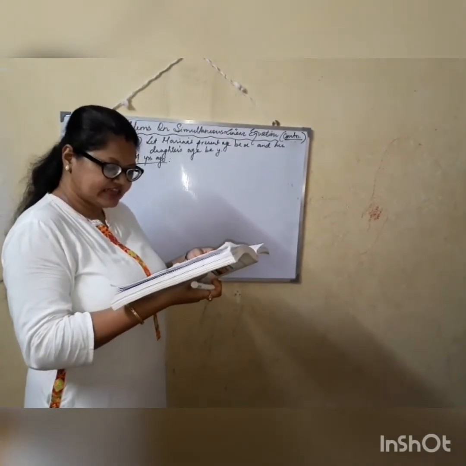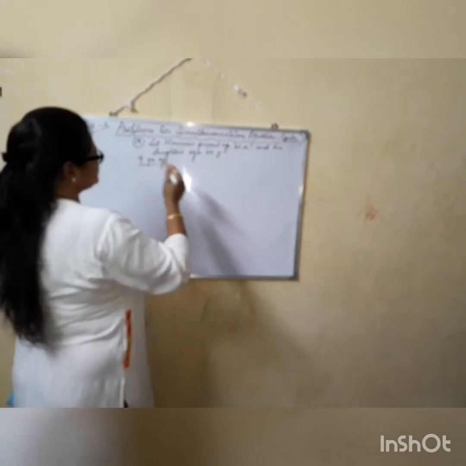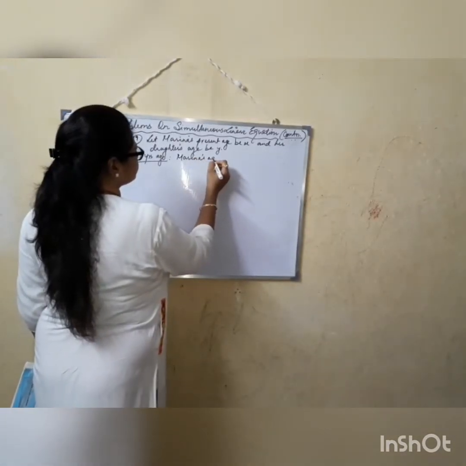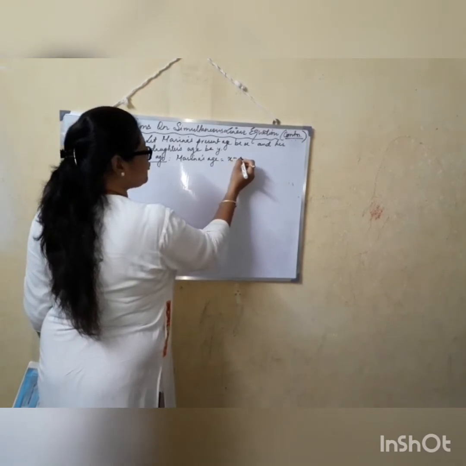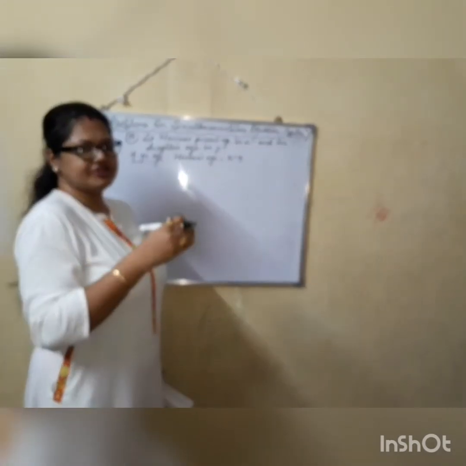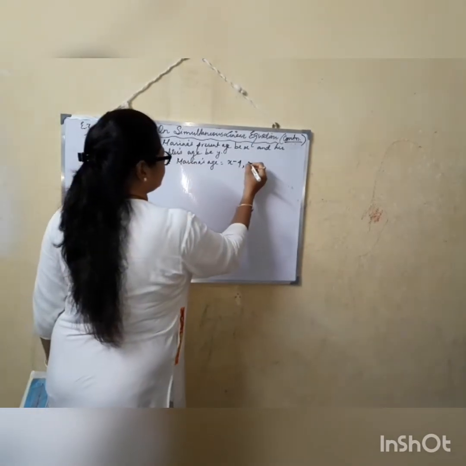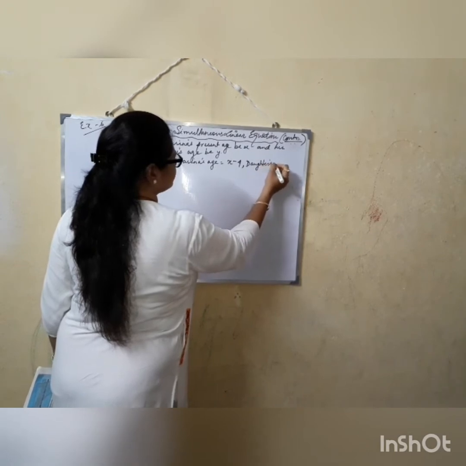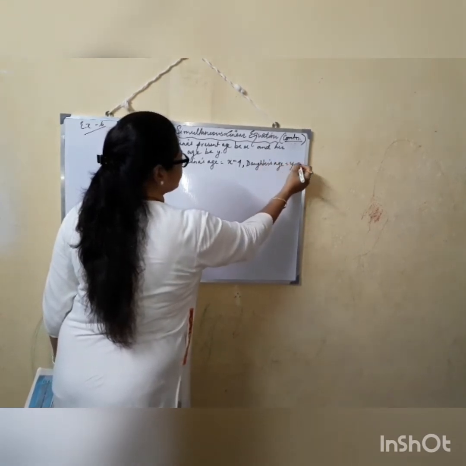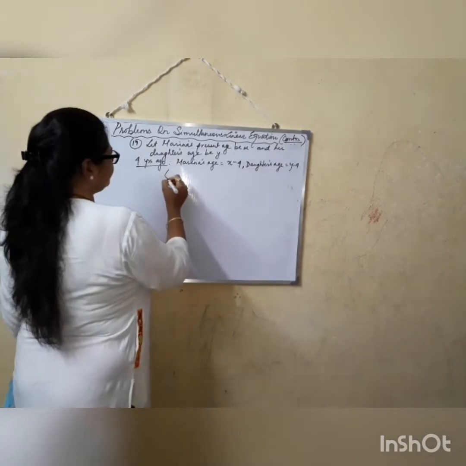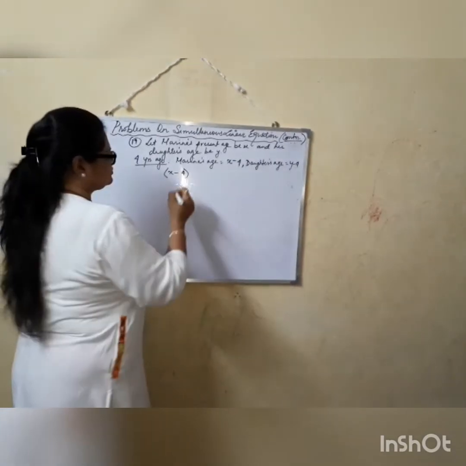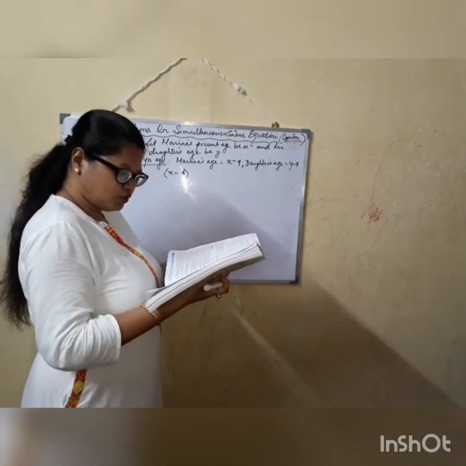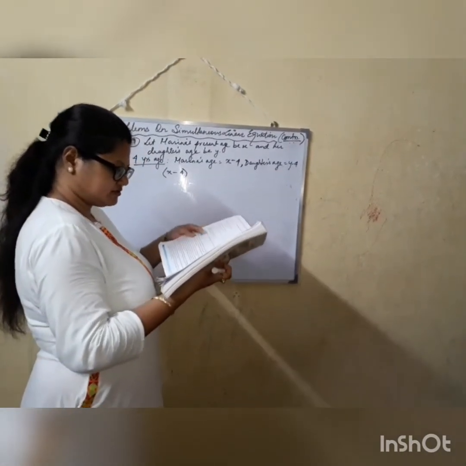Marina was 3 times as old as her daughter. That means 4 years ago, Marina's age was, because it is 4 years ago, so we are subtracting 4 years from the present age, and daughter's age, so according to the condition, 4 years ago, Marina was 3 times as old as her daughter.